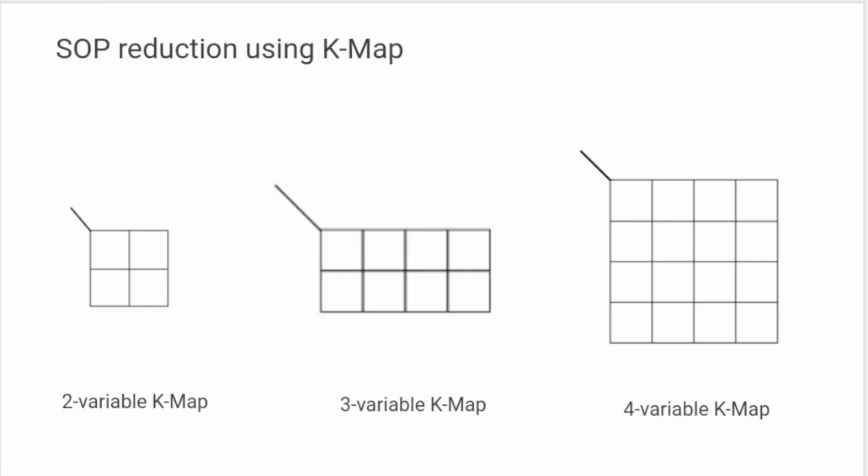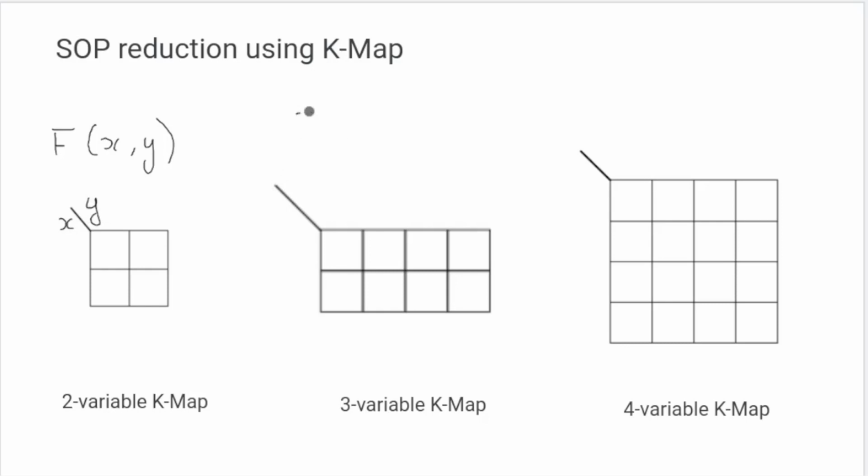Now, a K-map can be labeled in many ways, but we'll be using the most popular form, the one which is used in most of the books at 11th and 12th level. For a 2 variable K-map, let's say f of xy, we'll take x on the vertical axis and y on the horizontal axis.